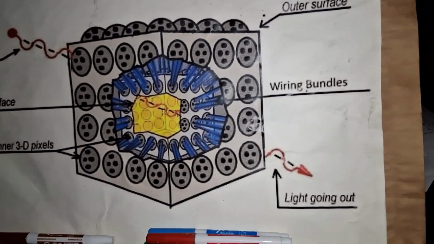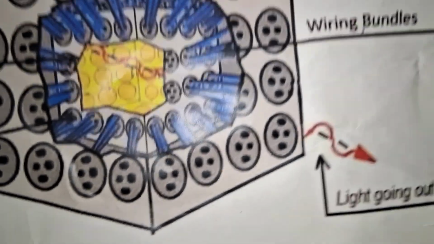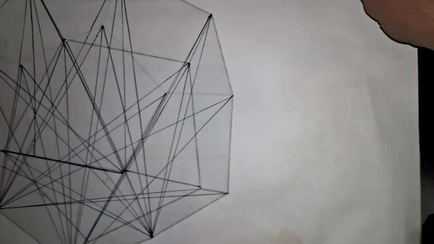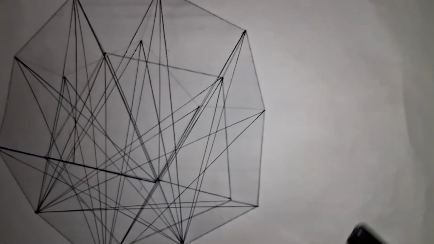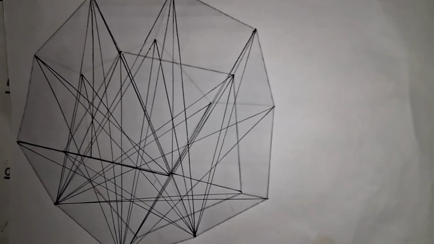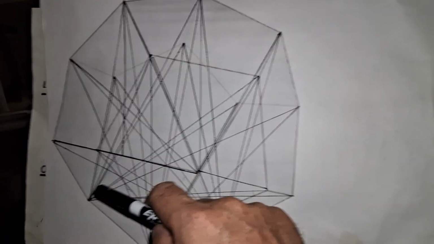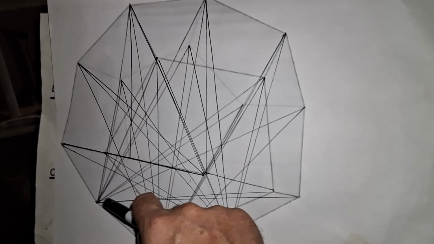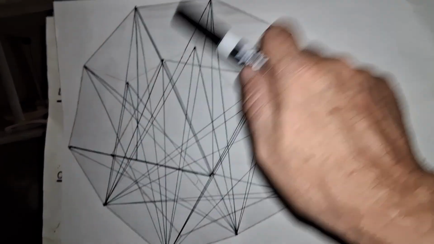Well, what I have been doing tonight is I use my blank templates that I usually use for these other mathematical ideas. And I tried to draw a line between the vertices from one to all the rest.